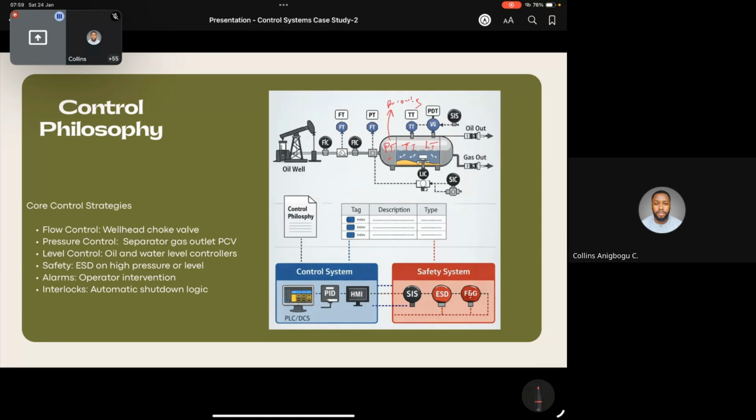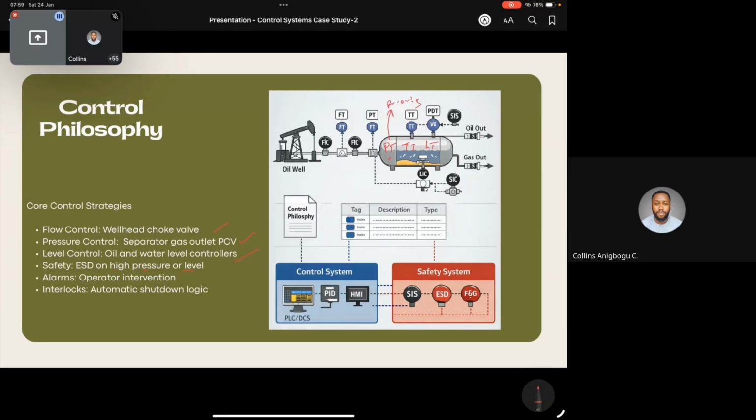So the core control strategies for our case study, right? The wellhead choke valve, the flow control, the pressure control, the PCV, the level control, oil and water controllers, the safety, ESD on high pressure or level. ESD is emergency shutdown.